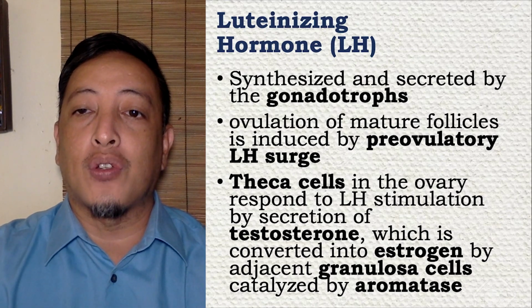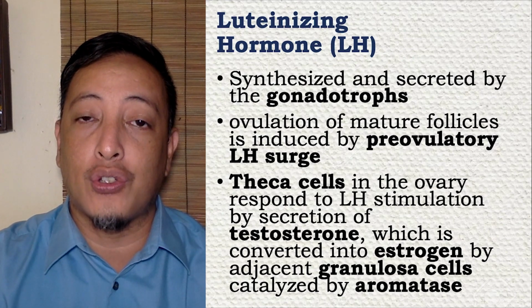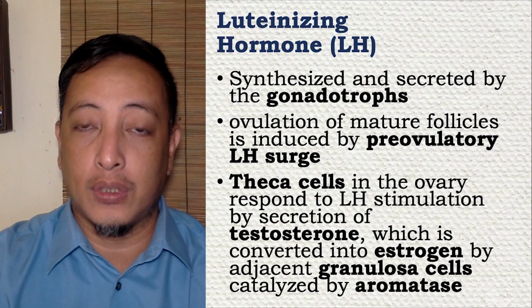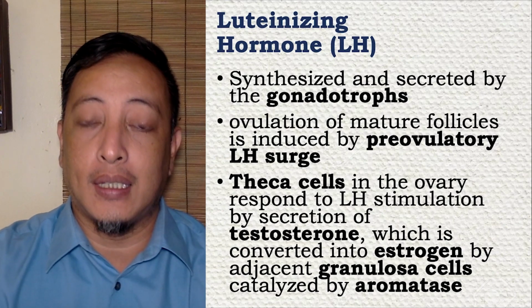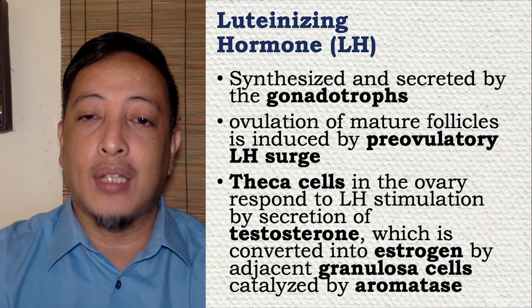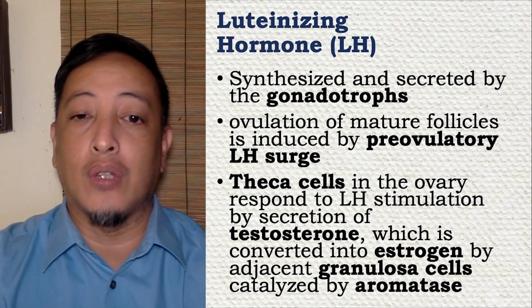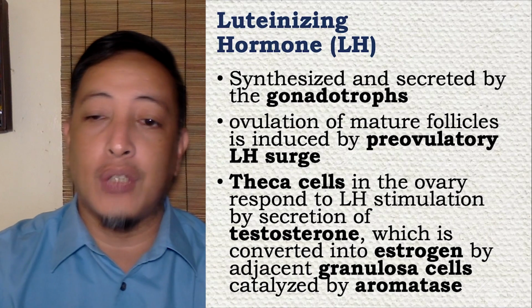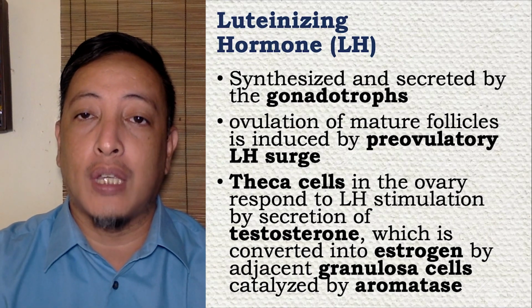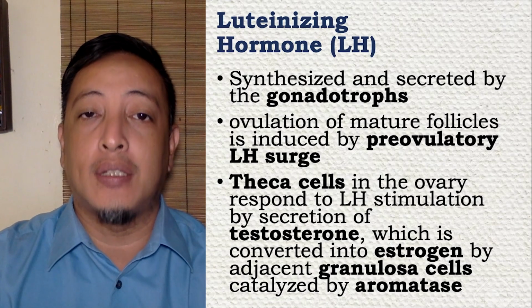Then ovulation of mature follicles is induced by the pre-ovulatory LH surge. So this is also similar to GnRH. It also exhibits surge. And the theca cells in the ovary respond to LH stimulation by secretion of testosterone, which is converted then into estrogen by granulosa cells, which contain the enzyme aromatase.